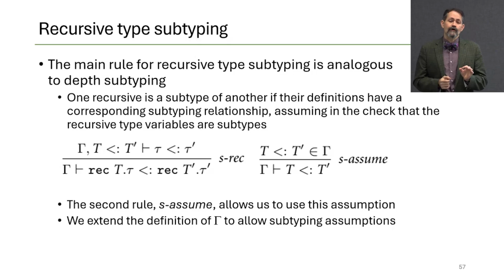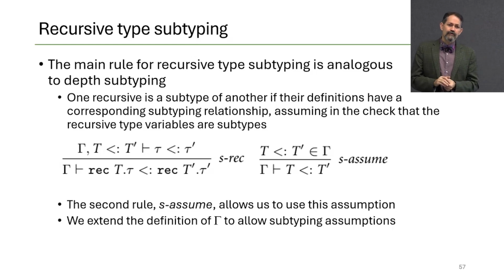Now, the one thing is, whenever we look at the relationship between the right-hand sides, right, tau and tau prime in this case, we might get to the recursive type, right? And at that point, we don't want to look inside again because we would never stop, right? We create like an infinite derivation of subtyping, but in fact, infinite derivations are not really a thing. That induction doesn't work like that. You have to come to a base case eventually.